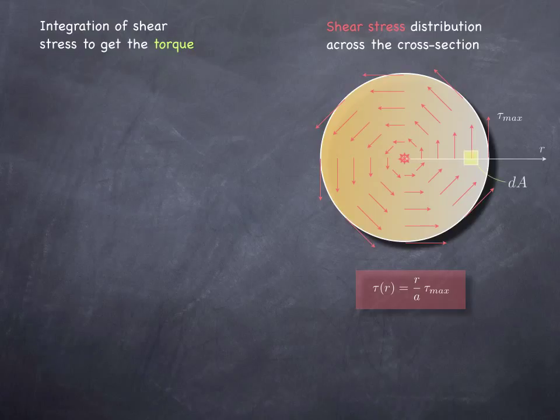So let's answer the second question. How is the shear stress distribution related to the torque? For that, we need to do another integral. If we isolate a little patch of size dA, we will have to multiply the shear stresses acting through that patch to get a little forcelet. That will be tau times dA.